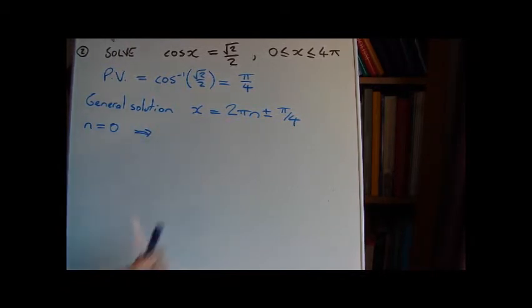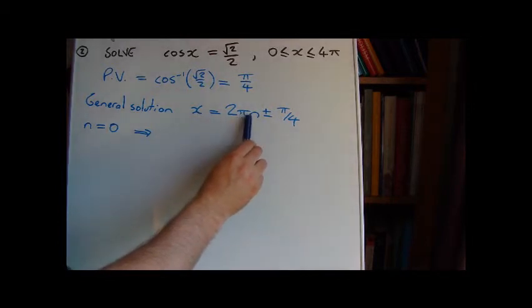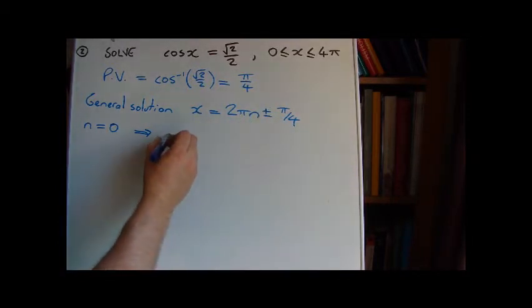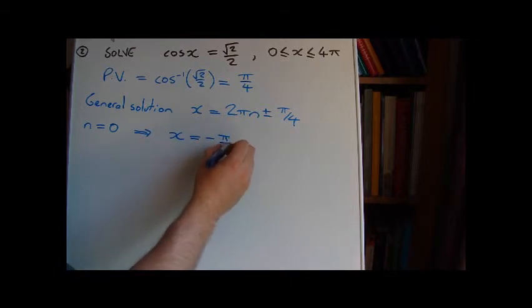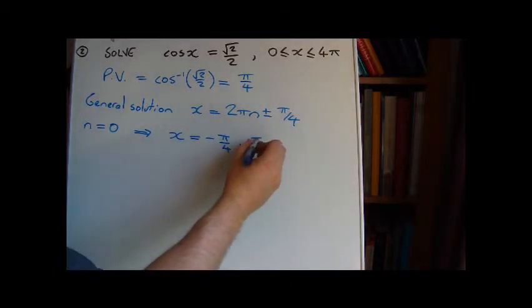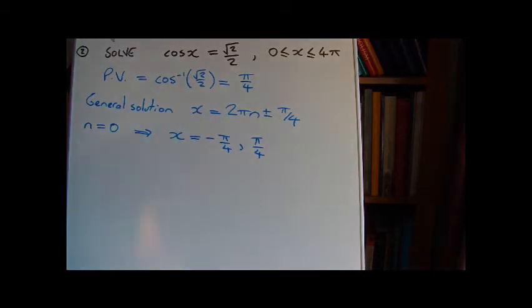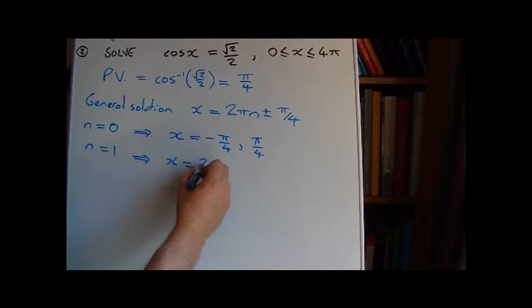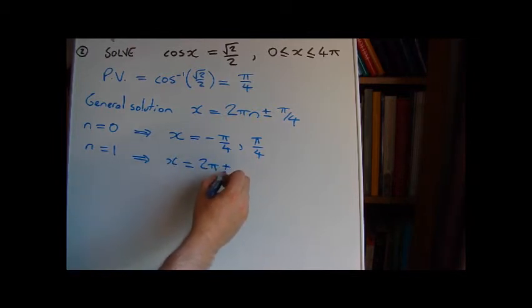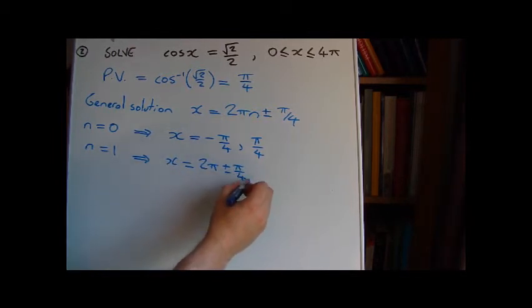So with n equals 0 in here, we're going to get 0 plus or minus pi over 4. So the two solutions we'll get from this are minus pi over 4 and pi over 4. Only one of them is in the correct interval. If we try n equals 1, this time we'll get 2 pi plus or minus pi over 4.